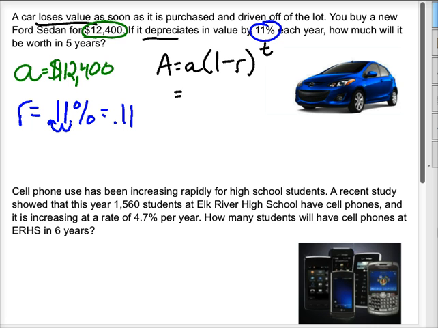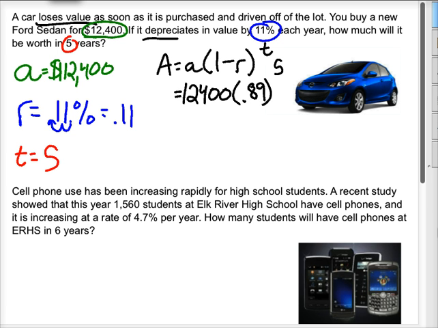So our A is 12,400. 1 minus R. Well, 1 minus 0.11 is going to be 0.89. And then we have to use our appropriate t value. Well, here our t is going to be 5. So I'm going to plug a 5 in.